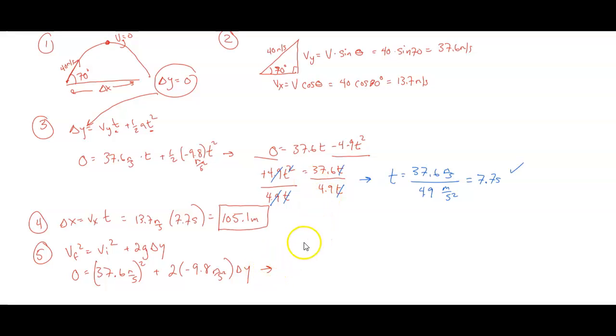So if I transition this over here, 0 is equal to 37.6 squared minus 19.6 delta y. I'm going to add the 19.6 delta y to both sides. Now remember that those two numbers, the 19.6 and delta y, are being multiplied, so you can't just add the 19.6, you have to add the entire term.